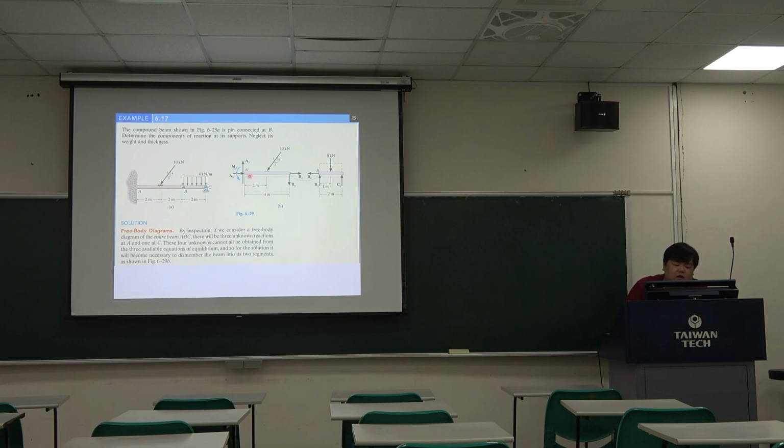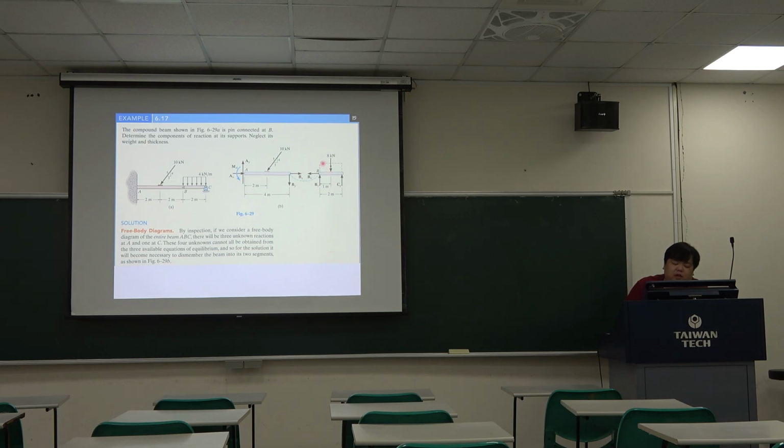So in member AB, we have the reactions at support A. This is the fixed support, so we have two reactions and one couple moment here. And we have the force here. At point B, we use a pin to connect these two members, so we have two direction forces, and this is the internal force.